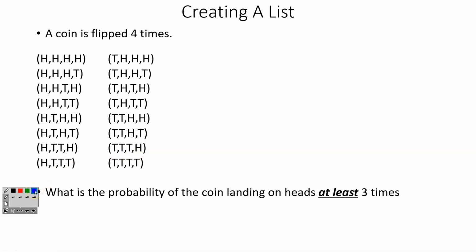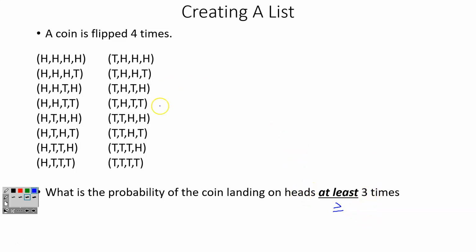So we bring this up because you might get asked a question like this. What's the probability of a coin landing on heads at least 3 times? So you have to think back to what at least means. At least means greater than or equal to. So we can be more than 3 or we can be exactly 3.